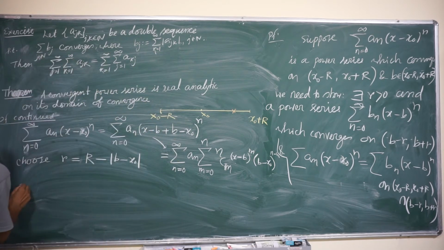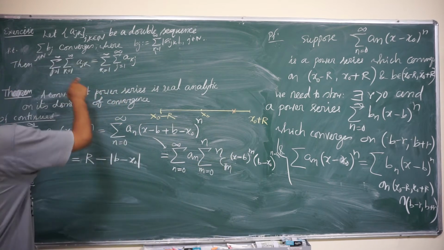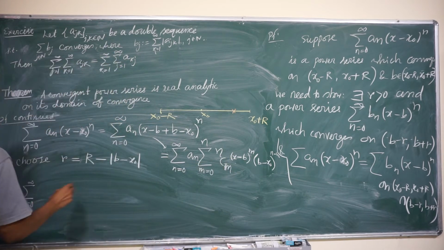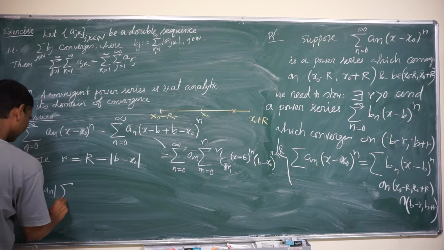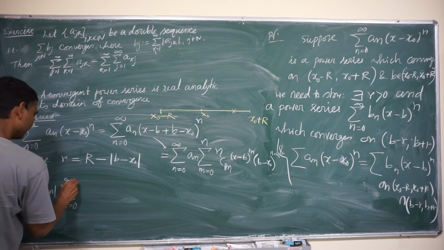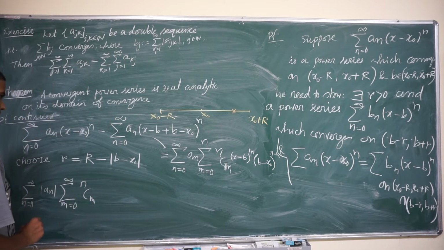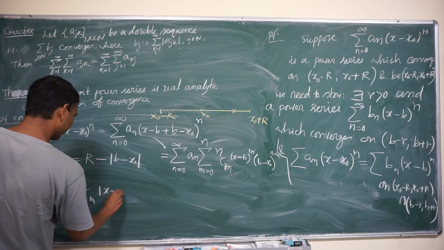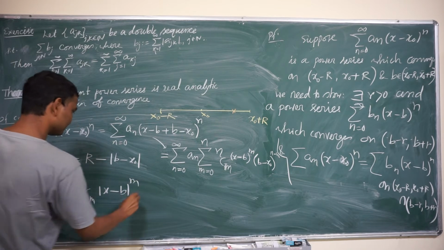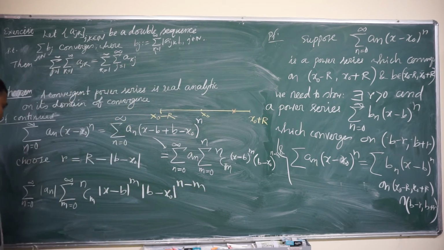So look at this one. Summation n equal to 0 to infinity, mod a_n, summation m equal to 0 to n, n choose m, mod of (x minus b)^m, mod of (b minus x naught)^(n minus m). Alright.